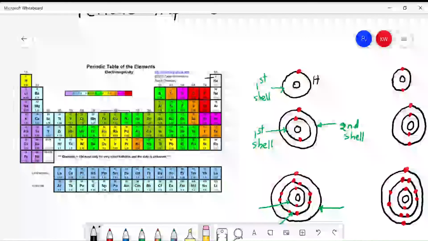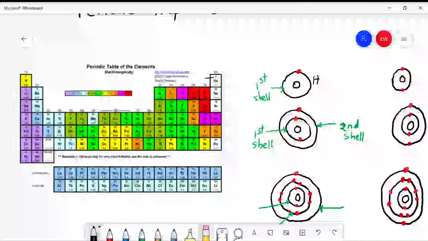So as we go across the elements in the periodic table, as the number of protons increases, we add electrons. This has 1 proton, 2, 3, 4, 5, 6, 7, 8, 9, 10, 11.